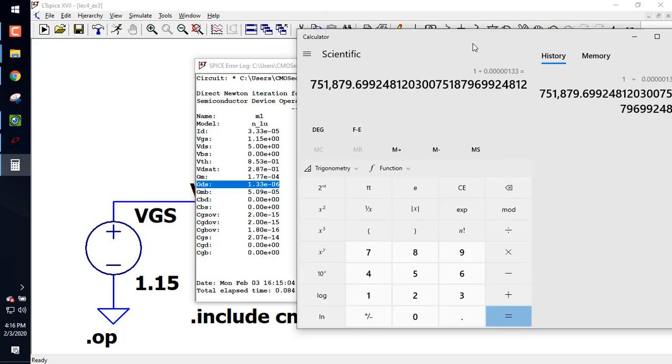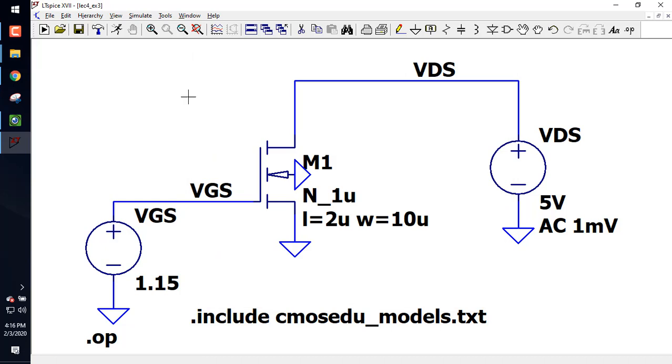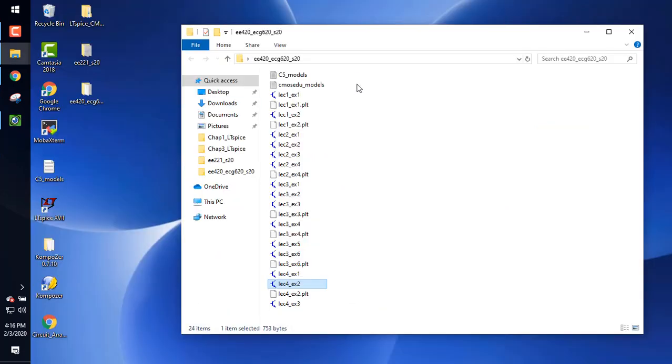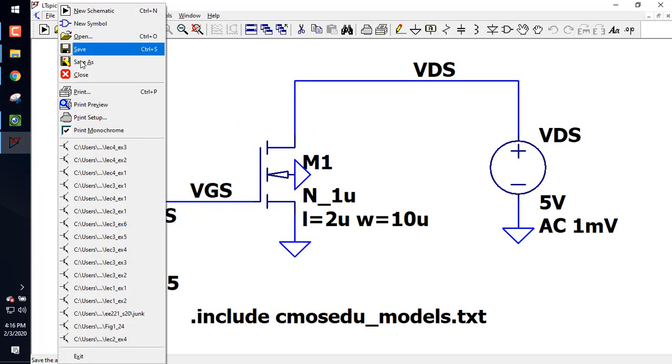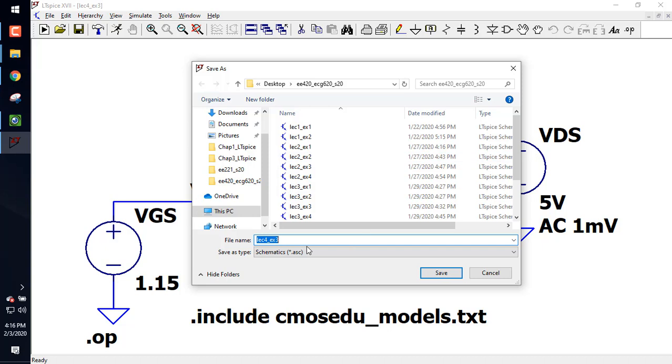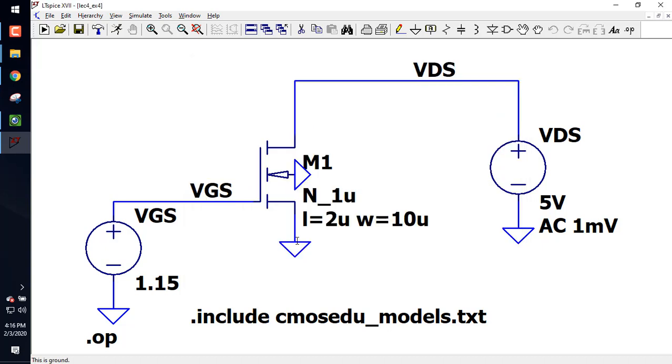Now let's go do the third or next simulation, which is here. Do file, save as, and then we'll do example 4. Question? Yes, no? All right.